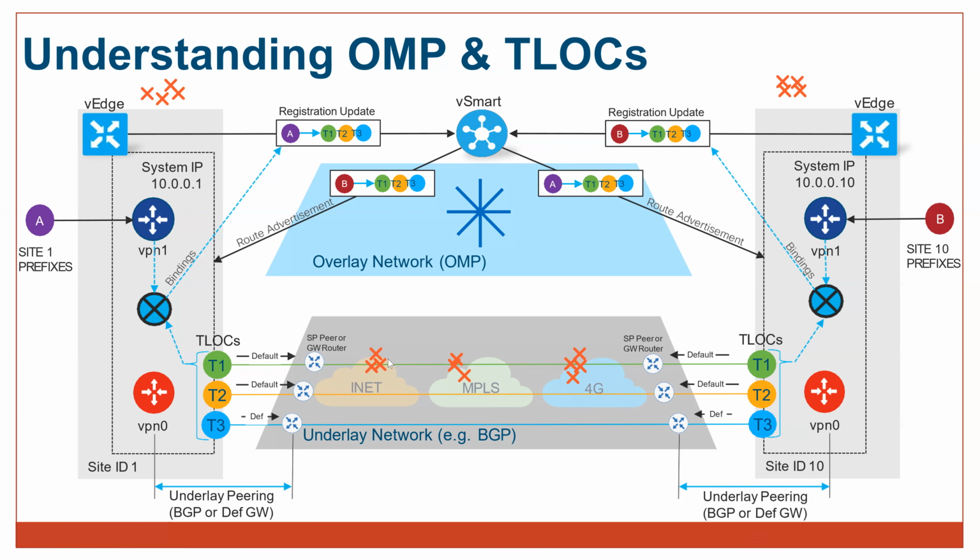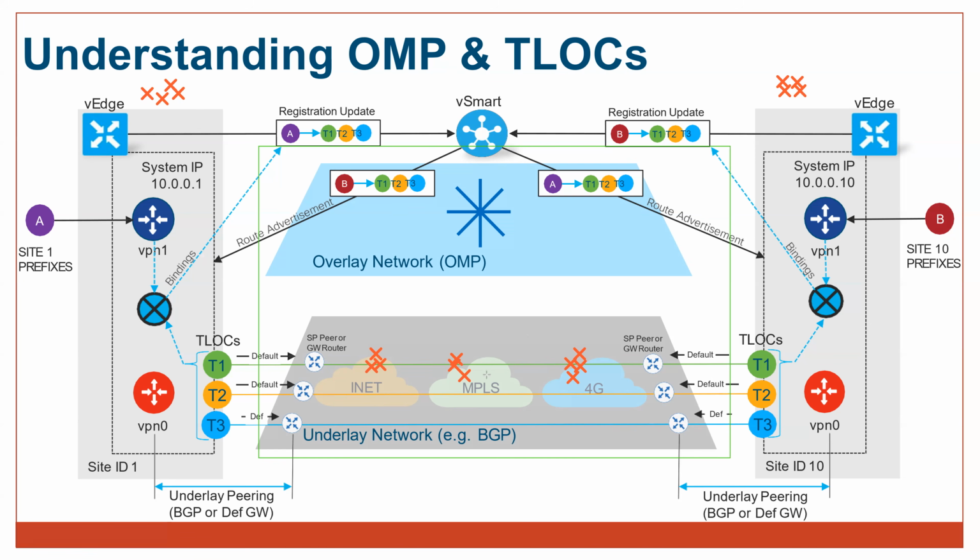Okay, now in this portion you have two diagrams. If you are here, you can see this is a small green box. You have the underlay network and you have the overlay network. The underlay network is in gray color and the overlay is in blue color.